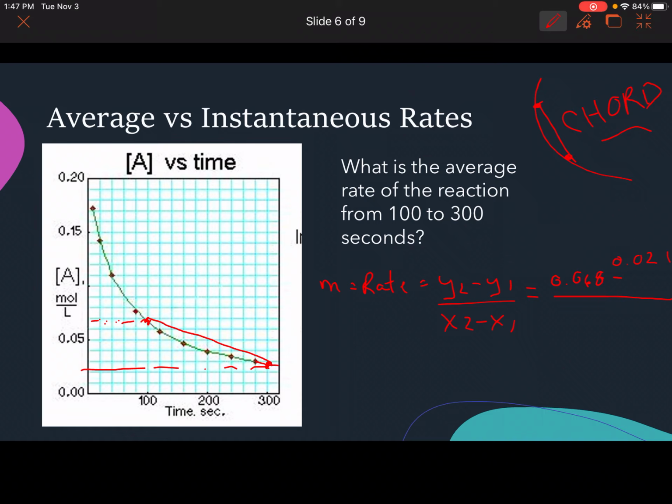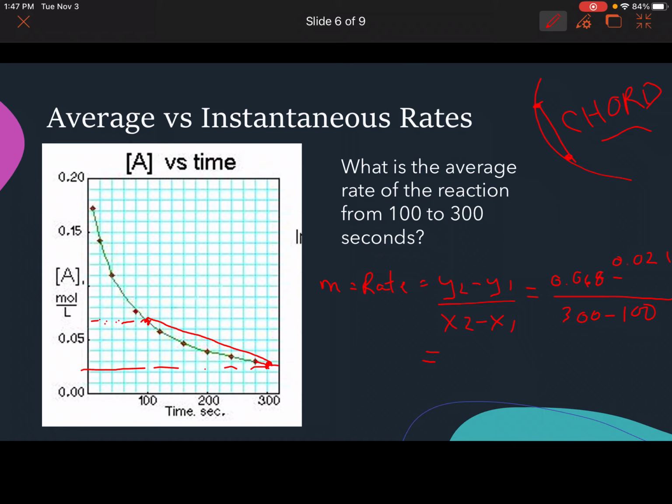And then my time is my 300 minus 100. So at least that part's easy. And so now I'm going to just calculate the slope here. So I've got 0.068 subtract 0.021, all divided by 200.